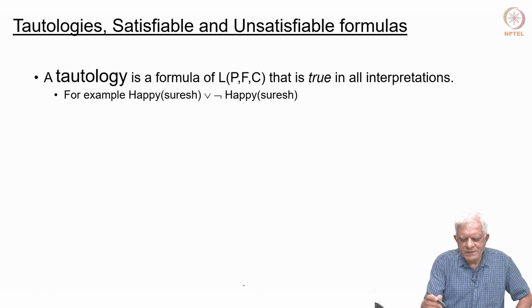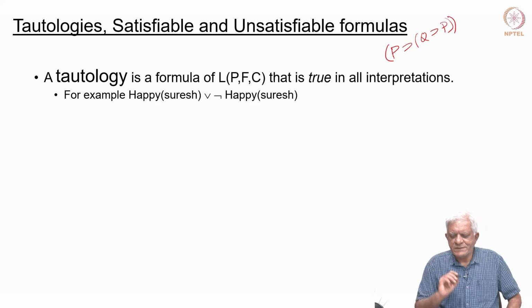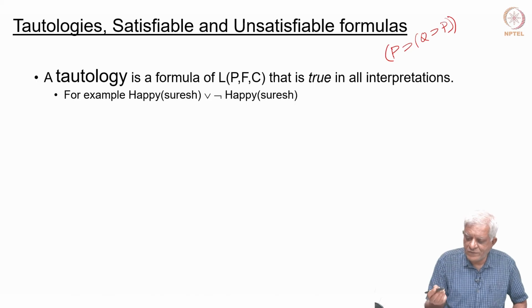So, we said that you give me a formula like P implies Q implies P, and we said it is a tautology because you give me any value of P and any value of Q, and this formula will evaluate to true essentially.